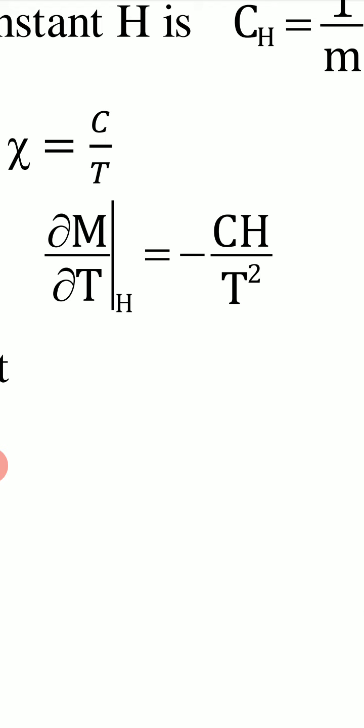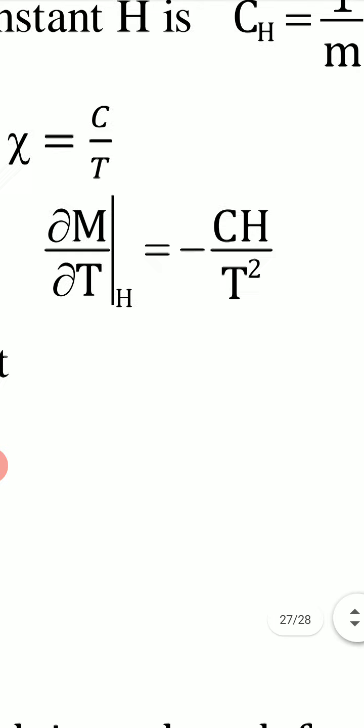C and H are constant, and differentiation of 1 upon T is minus 1 upon T square. So the value of delta M upon delta T at constant H is minus C H upon T square.